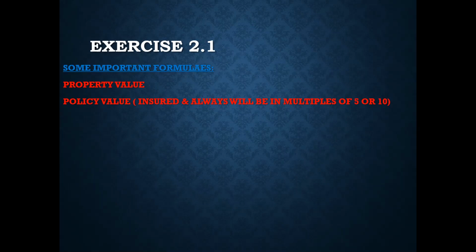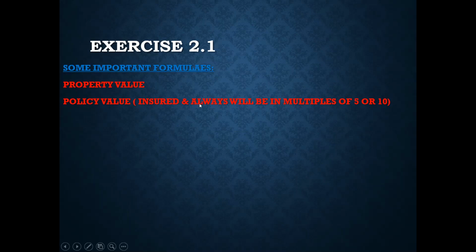Now class, whenever you'll be finding out the policy value, keep one thing in mind, that policy value can be either smaller or equal to the property value. It cannot be more than the property value. Also, when we are talking about policy value, the word insured is the hint which you have to look up to.